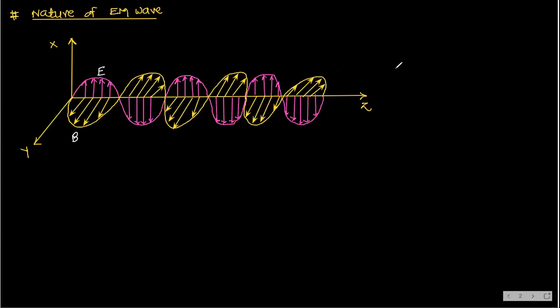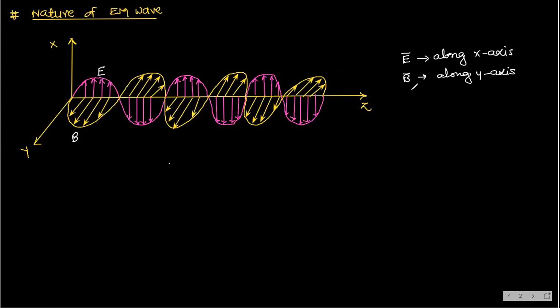If we see here in the diagram, this electric field E bar is along x-axis, B bar along y-axis.